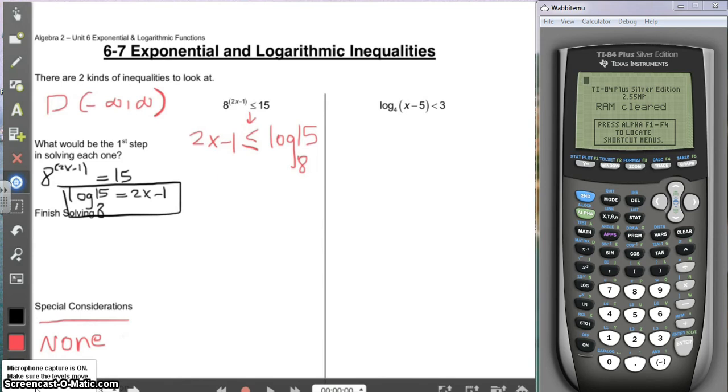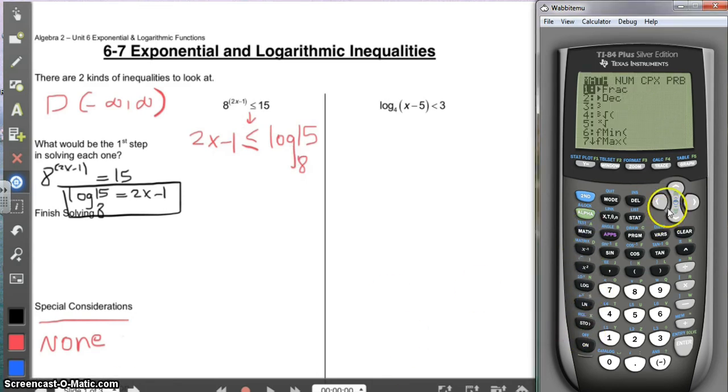Now, what you can do is find log 15 base 8 on your calculator by going to math and then to log base. So math, you go down to log base, or you can go up twice, and then you put 8 and 15. This is one way.